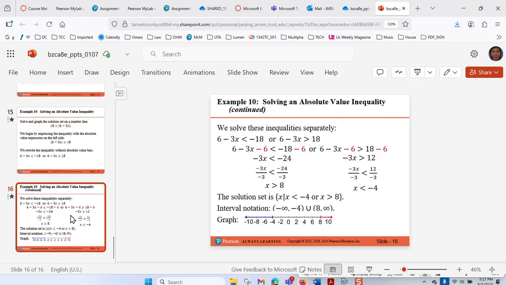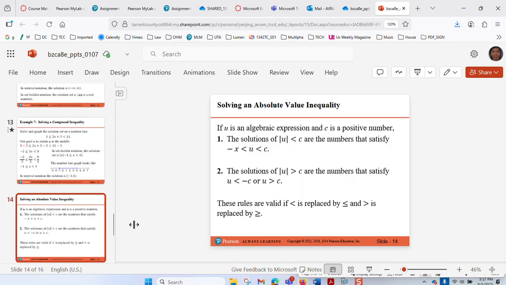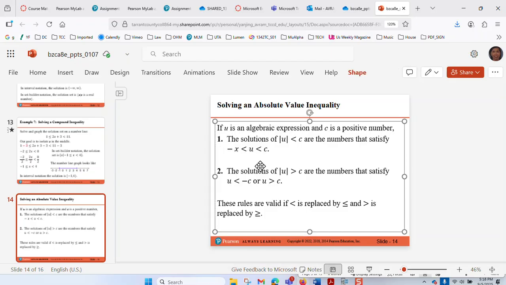Okay, so right here, yeah, it does have a formula. Solving an absolute value inequality, right? This is using U. All right, so if we have the absolute value of U less than C, U should be between negative C. So for some reason, this book typed it wrong. I cannot change this one right now, it won't let me change it in here. But this should be greater than negative C, and then less than positive C. Okay, all right, so that is right here.